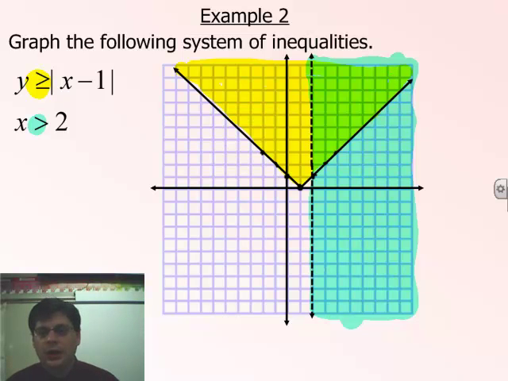All right. So now, we can see that any point in this region here is going to be a solution to the system. It'll work for both. But I want to experiment. I want to test a point that is in the yellow region, but on our vertical line. So let's try this point here.